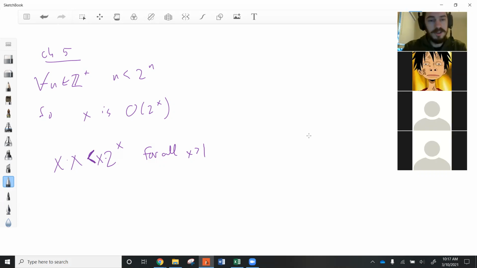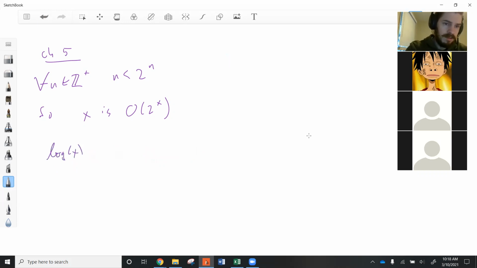Oh, I'm sorry. I just realized this is not the question you were asking me about. x is big O of 2 to the x, that's true. But from this, you can take the log of both sides and get that log of x is big O of x.